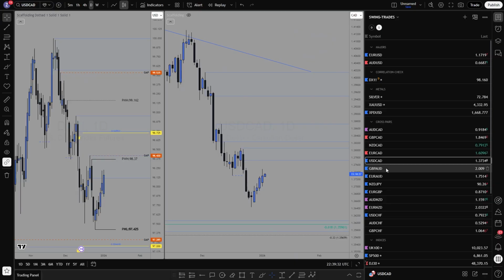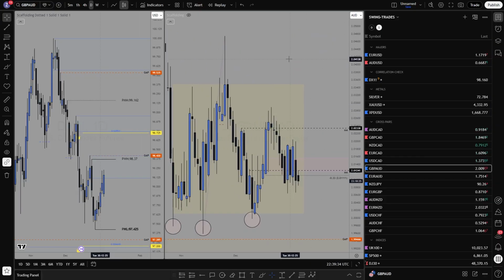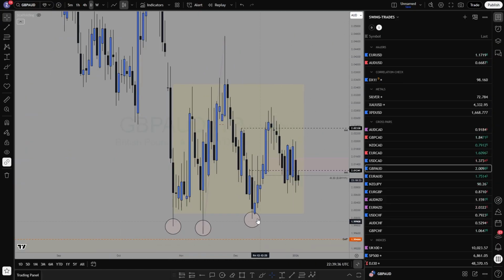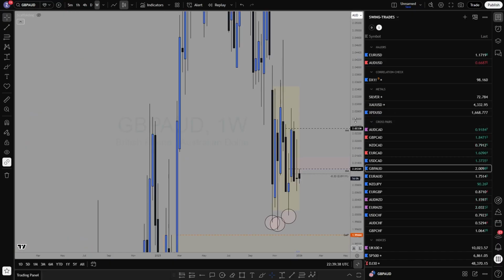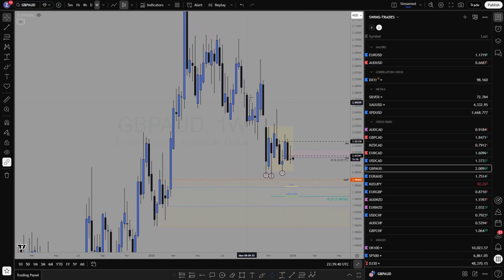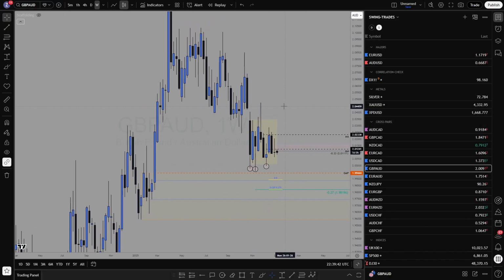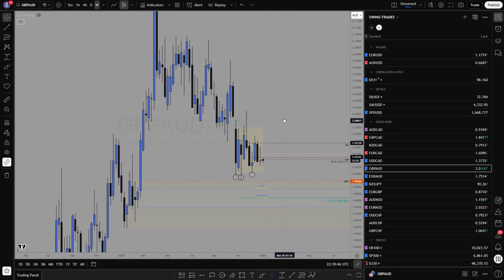Now, the pound Aussie, GBPAUD, weekly again. Weekly is bearish, with the caveat that we're actually in the current state of consolidation, with a target of 1.99445 as the downside target on the weekly.